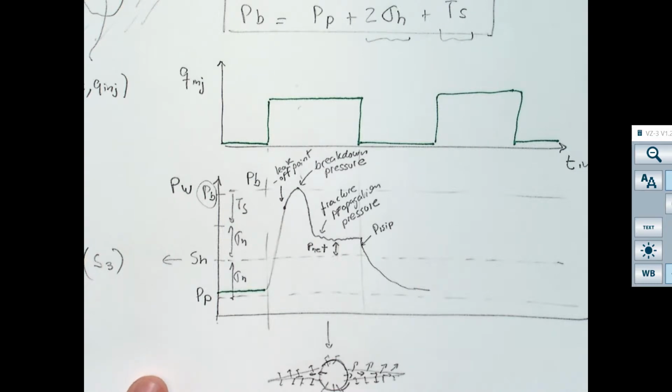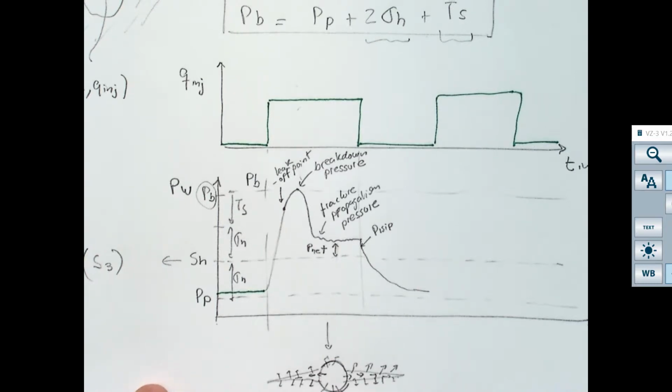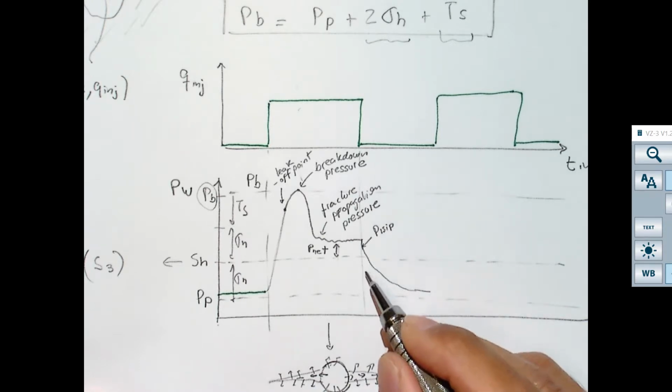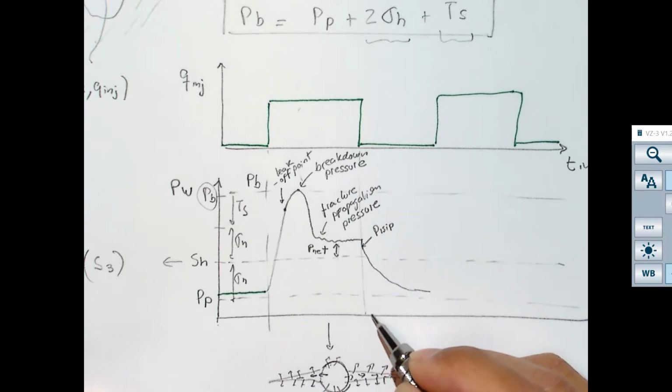Okay, I'm going to show some images, and in my notes I have some nice examples that will show that much clearer than this one. But it is somewhere right here. Okay, you shut in the pumps, pressure goes down very quickly, and then it starts to go down slowly. Well, the maximum point is the shut-in pressure. And after some time, after you shut in the pumps, the fracture is going to still be open, right?